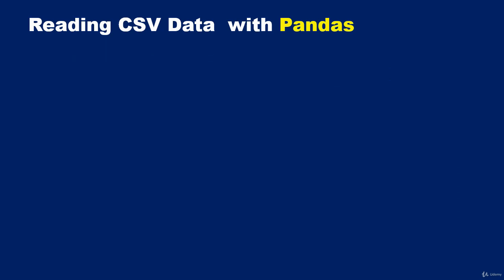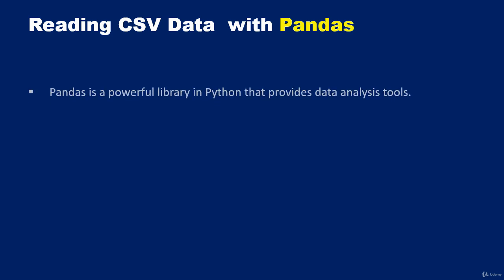If your data is stored in a CSV file, you can use a special method called read_csv, which is from the Python library called Pandas. This enables you to read the contents of the file into memory. What is Pandas? Pandas is a powerful library in Python that provides data analysis tools.